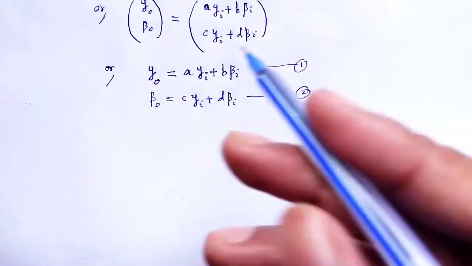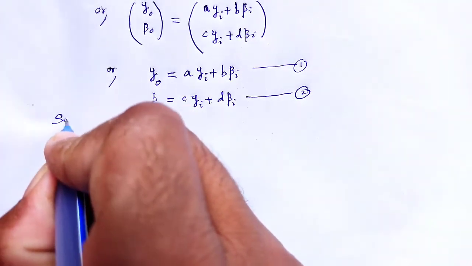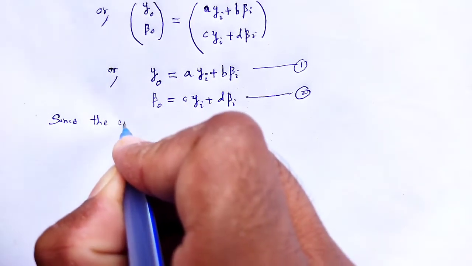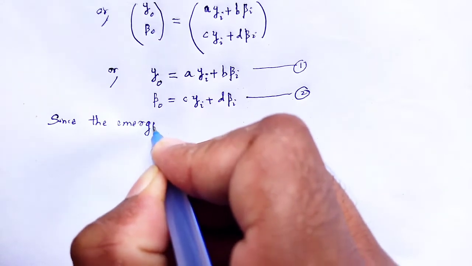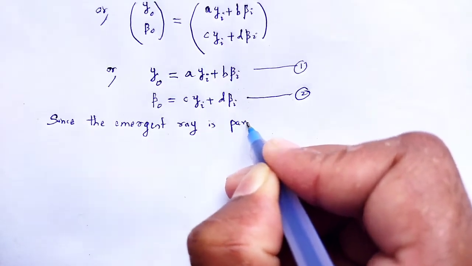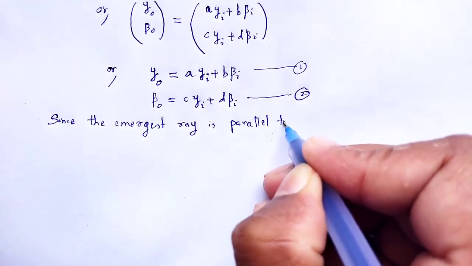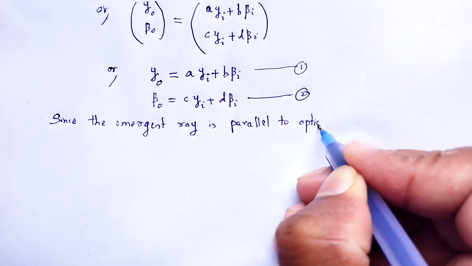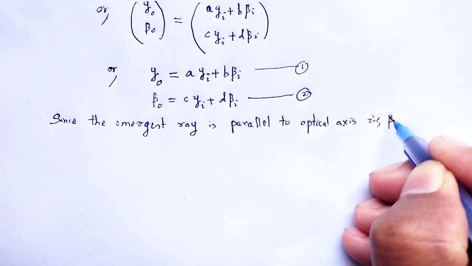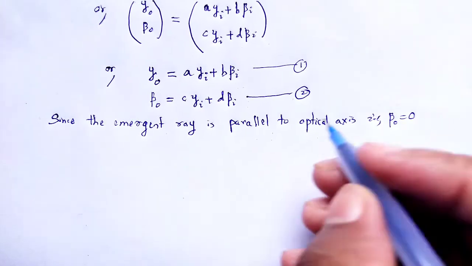Look here, since the emergent ray is parallel to the optical axis, that is beta output is equal to 0.